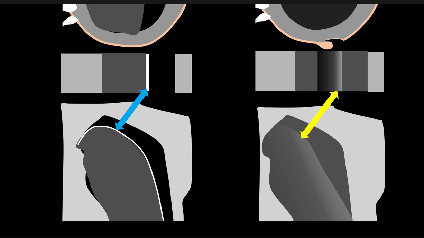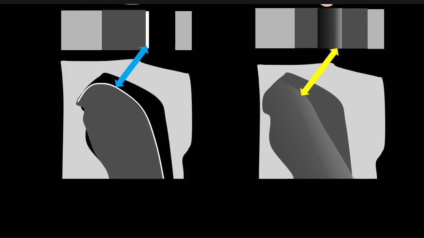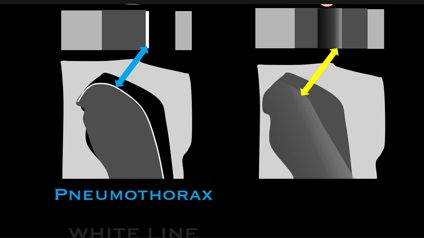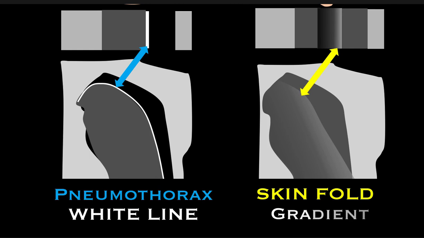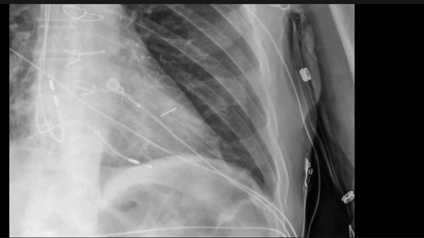Instead, it's a gradient, where we have a lump of tissue, like a blanket, and then moving out, returning back to that regular density, and then lung on the other side. Okay. So, pneumothorax, white line. Skin fold, gradient.